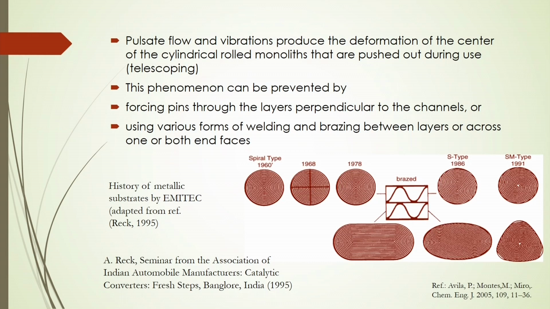Now, some historical aspects of the structure of this monolith are given here. From the beginning of 1960, the spiral type, then in 1968 the spiral and then the cross connection, then in 1978 the spiral again, and then braced connections, and then the S type in 1986, even the SM type in 1991.